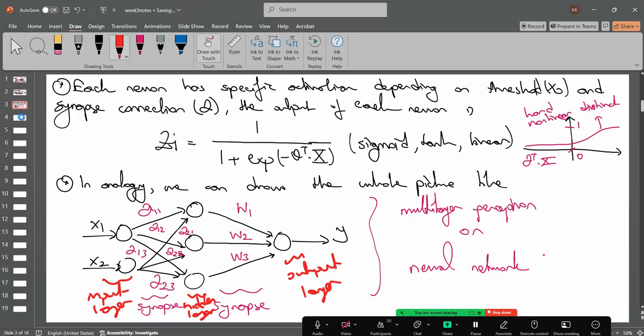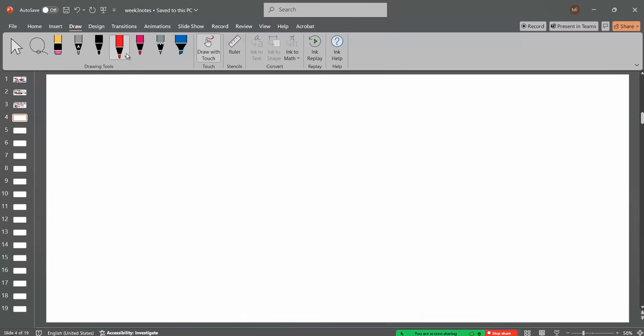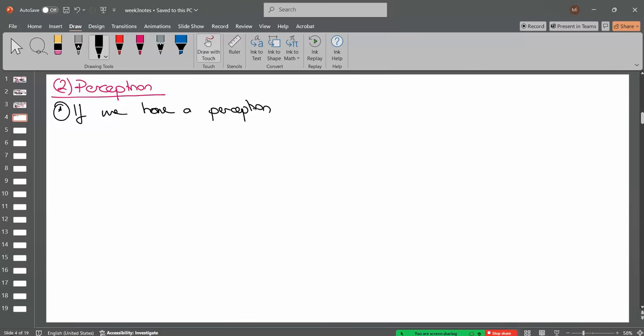Okay, if you don't have any questions, we will continue by looking deeper into the perceptron mechanism in terms of its mathematical representation. If we have a perceptron, in Turkish algılayıcı, like this representation, we can draw the function here.